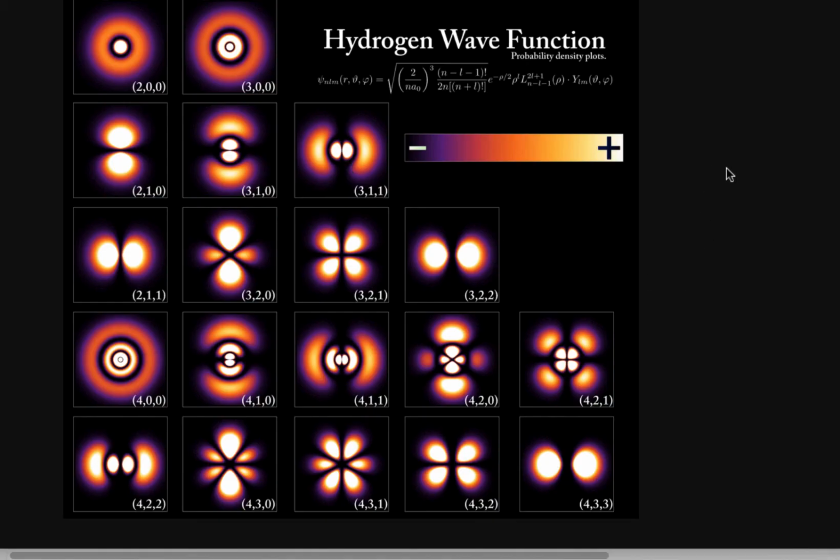So one last thing on this diagram before we're done here. So look at these numbers. This is the n, l, and m sub l numbers for each of these orbitals that are listed. So it's easy to identify the n number. It's a little bit harder to take the l and convert it into our s, p, d, f, etc. So remember, s is 0, p is 1, that's going to be the middle number, d is 2, l equals 2.